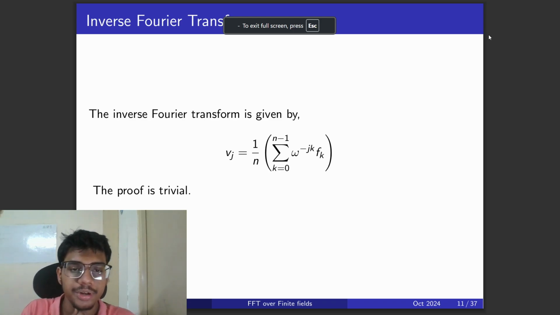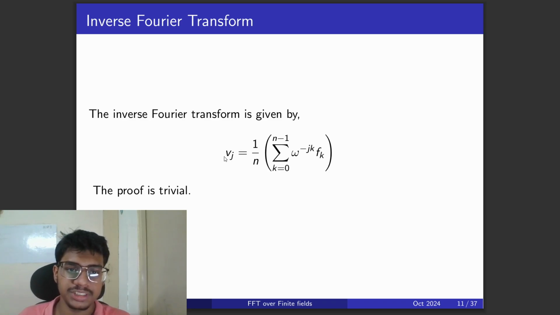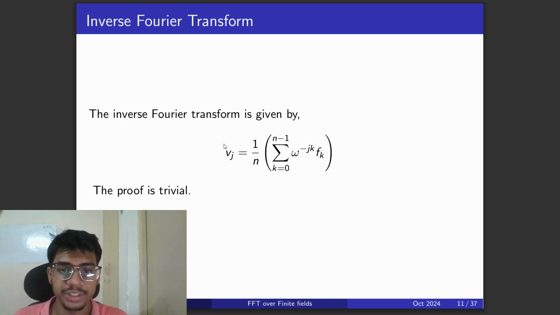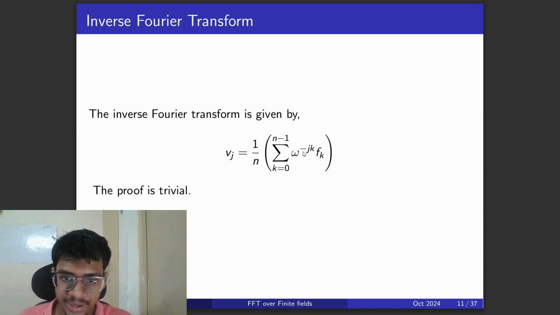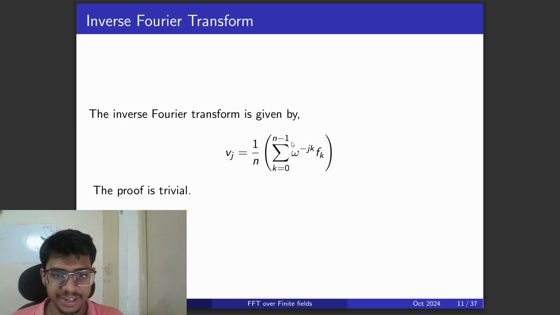For the inverse Fourier transform, our formula becomes v_j, where we are retrieving our original basis from the Fourier basis. We have omega inverse to the power of jk and 1 by n here. The proof is very trivial.